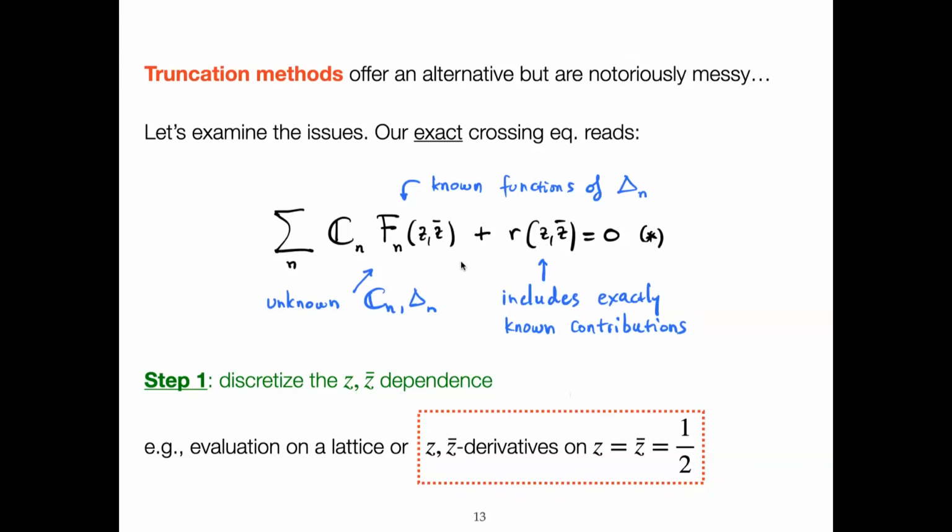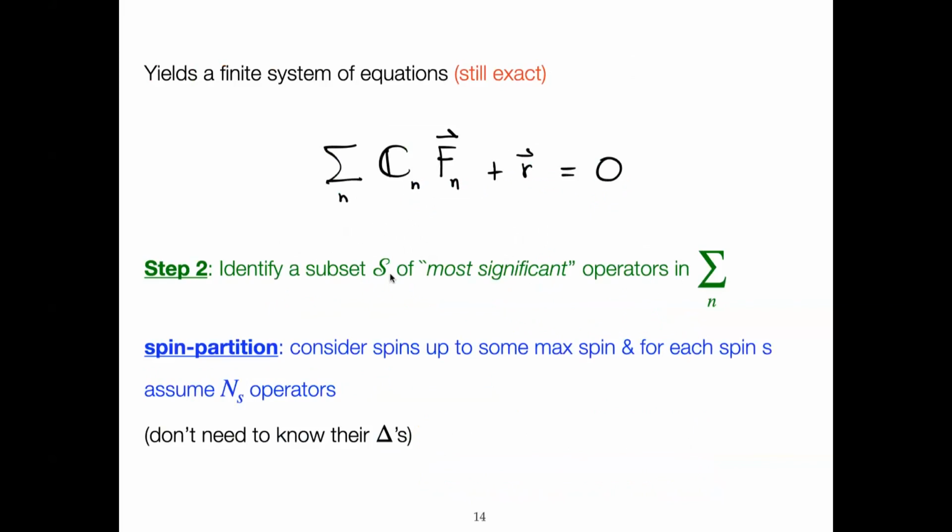There are analytic results that you can derive that tell you that these conformal block expansions converge exponentially around this point, and that's good because it means that a finite number of terms is enough to get good accuracy.